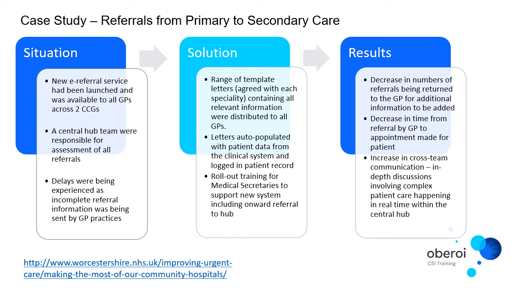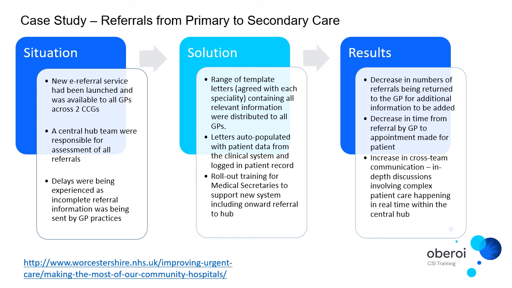But delays were being experienced as incomplete referral information was being sent by GP practices. So rather than the referral being sent on to the hospital, the correct department, they were being sent back to the GPs to say we need more information, and that was causing delays. The solution we came up with was a range of template letters.